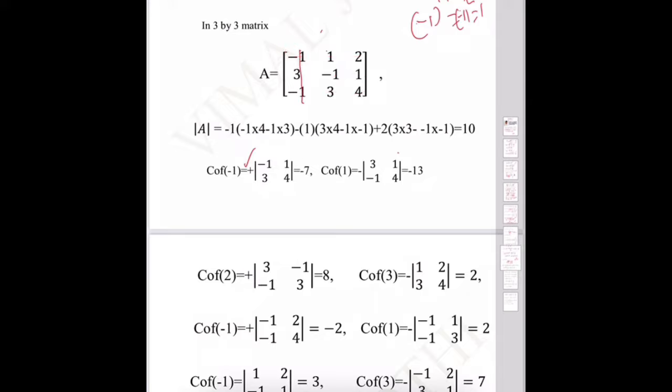Then next, cofactor of 1. Cofactor of 1 is first row, second element, that is equal to minus, that is this minus. Then delete this row.